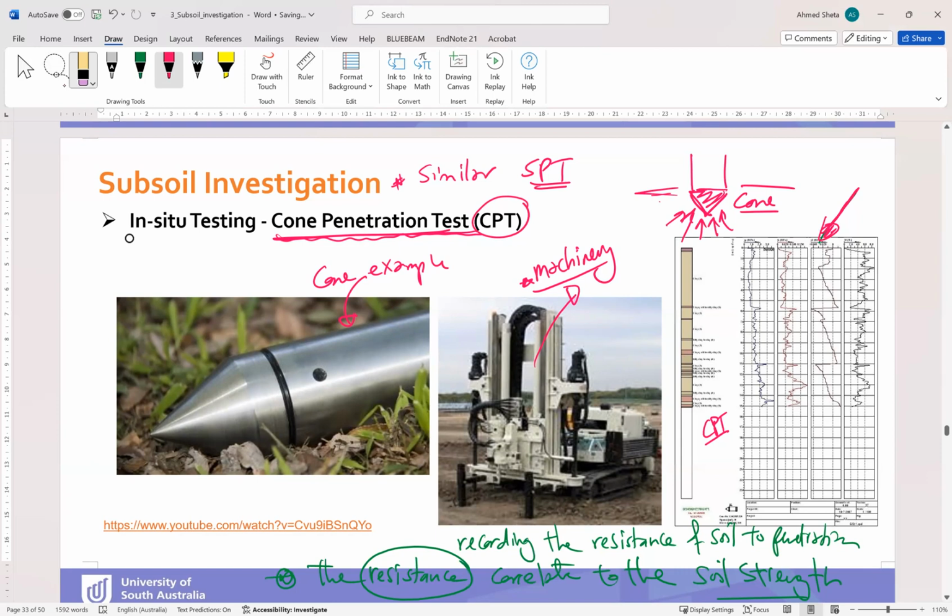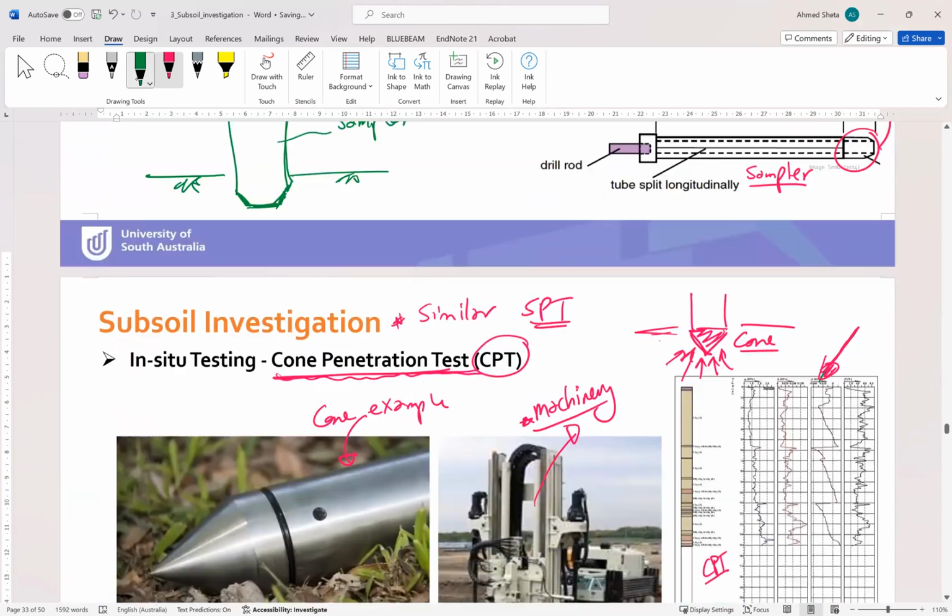The advantage of the CPT test is that it has continuous data through the different layers of the soil, because you can keep pushing the cone until you want to stop.